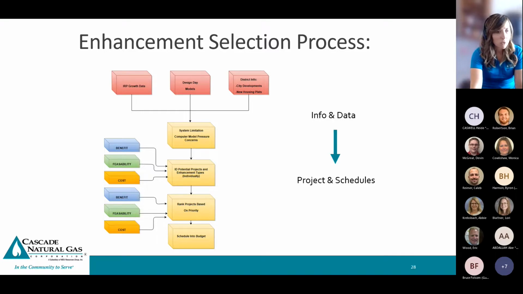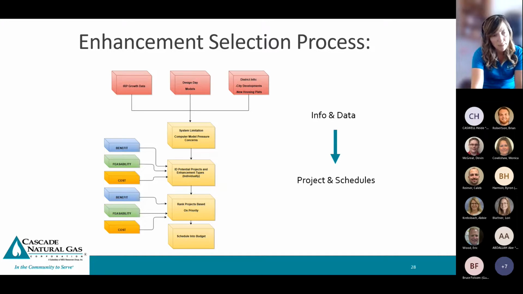And then with that, we go through the process, and a lot of times engineers help with this. Our engineers do the modeling, but they'll also propose reinforcements, and as they work through their reinforcements, they'll go over benefit, feasibility and cost on all of those. Typically, the engineers will work collaboratively with their managers and directors to review all the reinforcements proposed and help prioritize them.